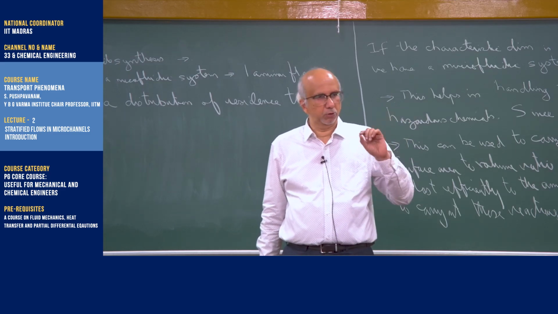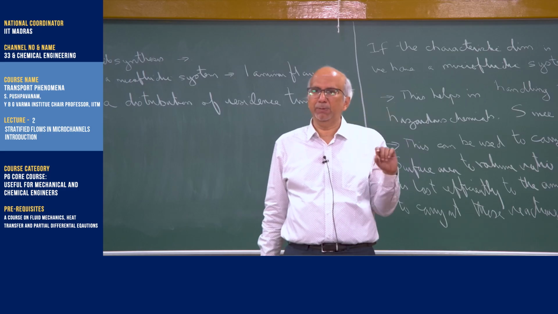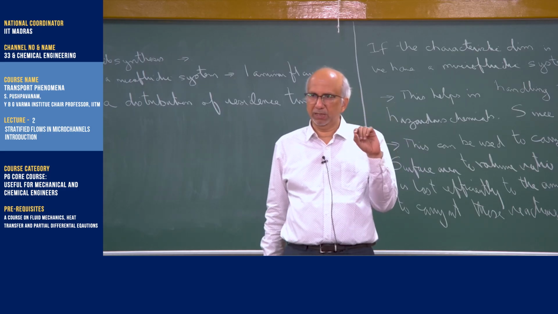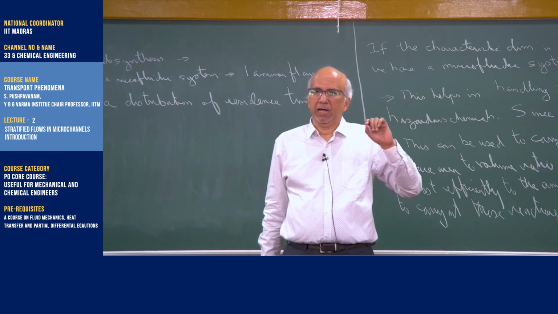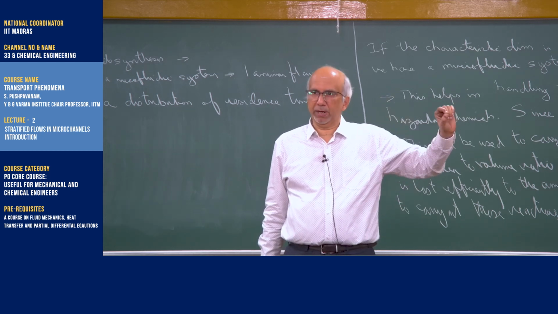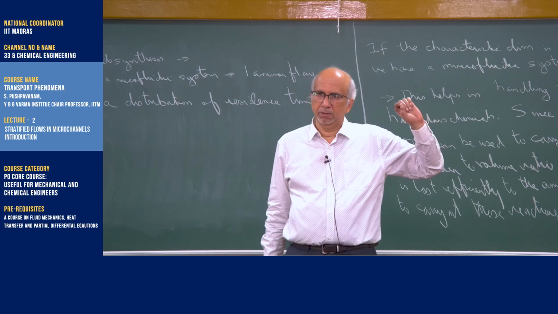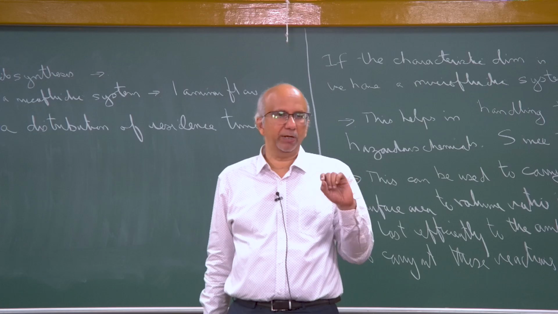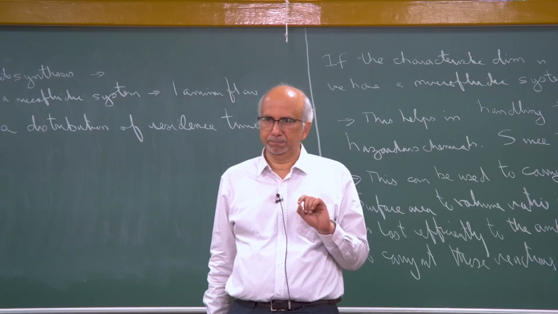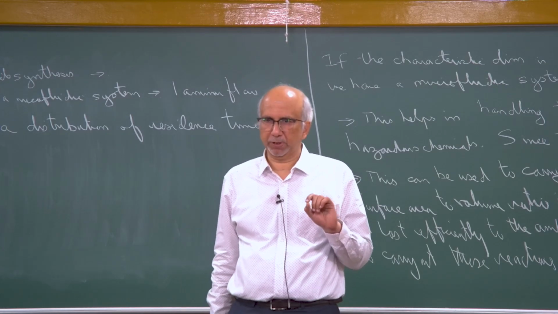So, there is a distribution of the time spent by fluid elements in the reactor, and what this means is your output product may have a particle size distribution. You may not get a monodispersed particle, for example.